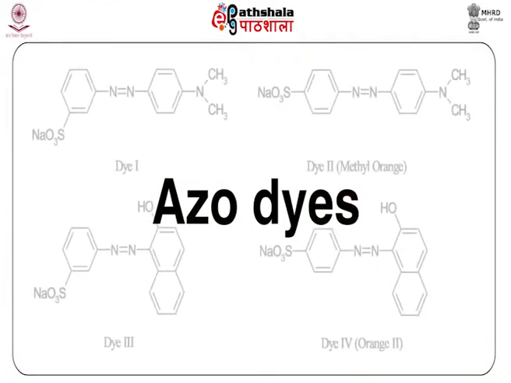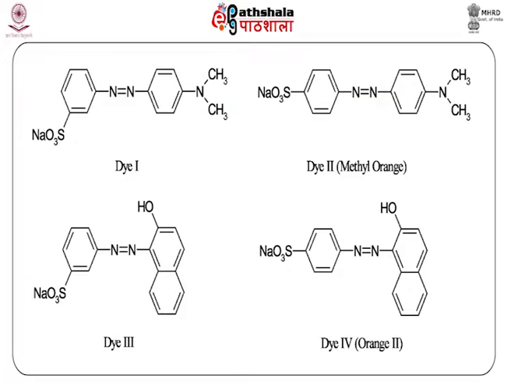Azo dyes. Azo dye is a class of synthetic dyes containing nitrogen as the azo group. These dyes give bright colors showing fair to good fastness properties. The process of its manufacturing is cost effective. The formula for preparing an azo dye involves two organic compounds, a coupling component and a diazo component.